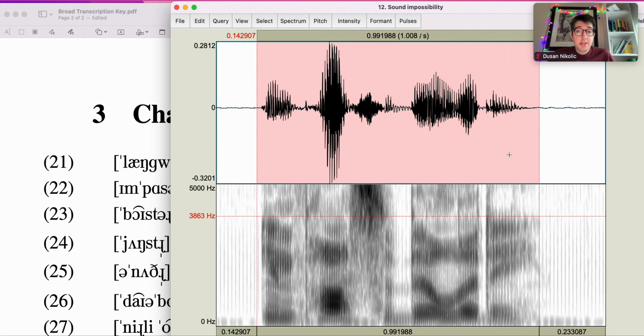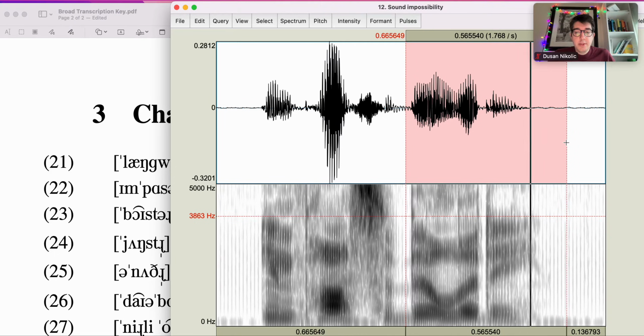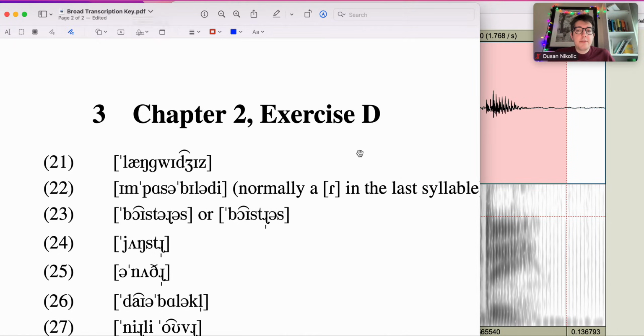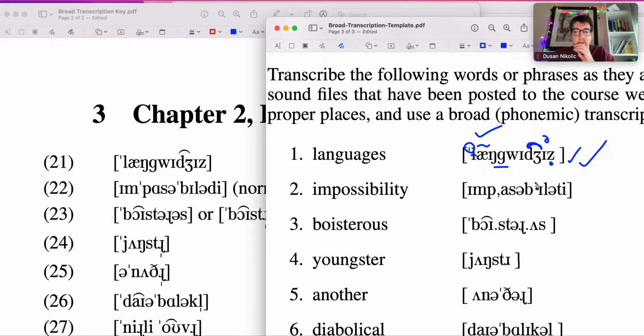For impossibility, we need to have impossibility. I would say not here. Stress wouldn't be here, but between a and b, right? Ability. That's the part that is most pronounced, most stressed, most emphasized in the word.